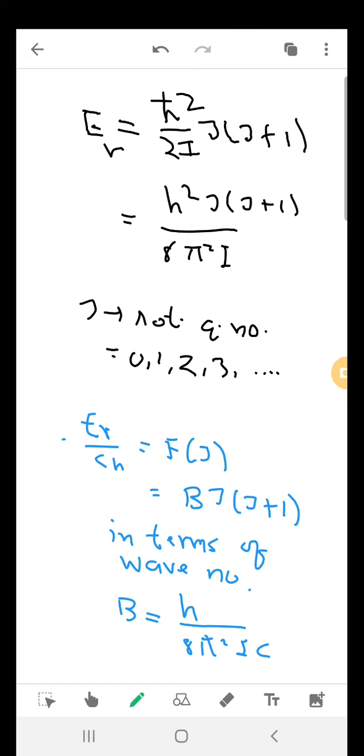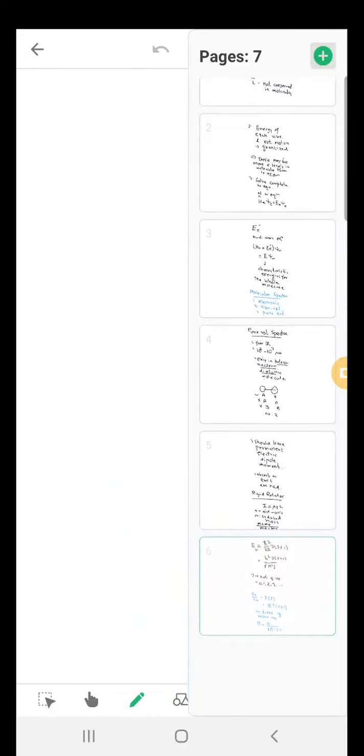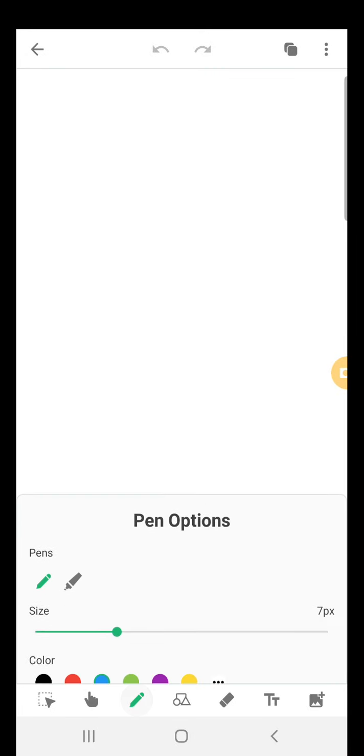The wave number is again written as nu bar is equal to 2B into J plus 1.